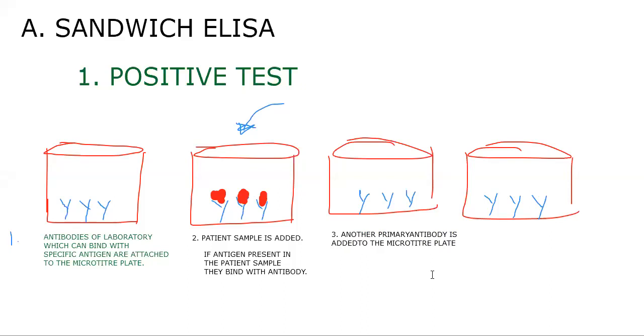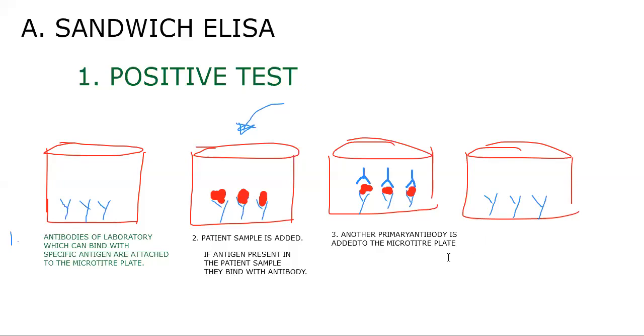So first I am showing the antigen. Next, we add another primary antibody, which binds with the antigen on the other side. This is not even enzyme linked.